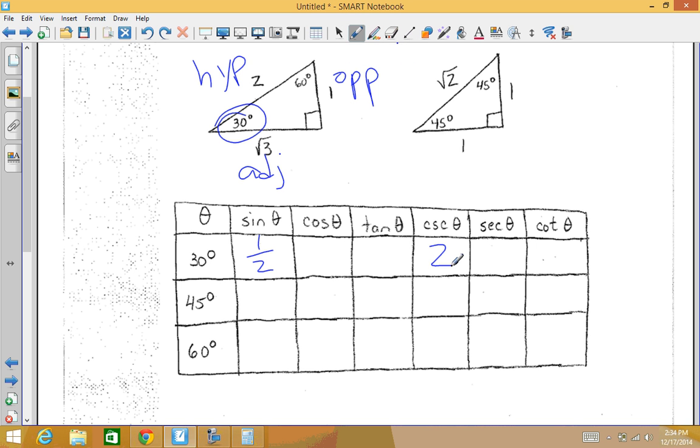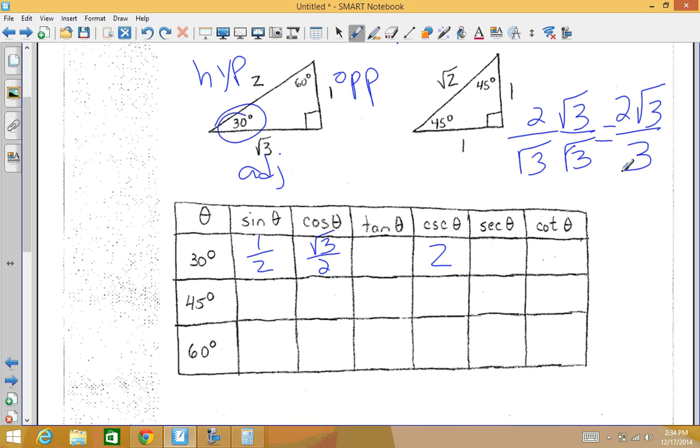The cosine is the adjacent over the hypotenuse, square root of 3 over 2. If we flip that over, that gives us secant: 2 over the square root of 3, and getting rid of the radical, we get 2 square roots of 3 over 3.